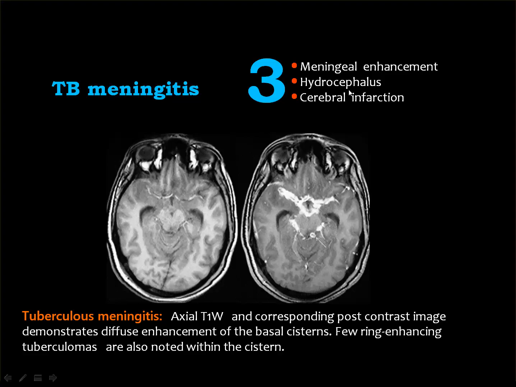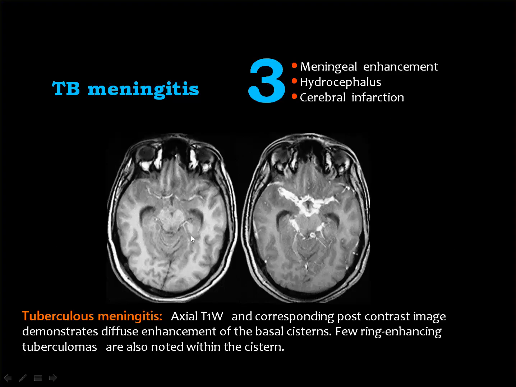Meningeal enhancement will affect the absorption of the CSF in the subarachnoid space, leading to communicating obstructive hydrocephalus, and vascular affection will result in ischemic changes in the brain parenchyma.